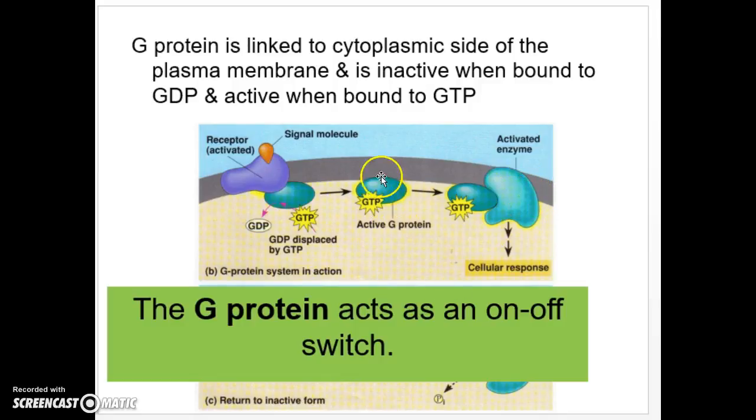The actual G protein is made up of subunits, and what's happening between this stage and this stage is once the GDP becomes GTP, it separates this G protein apart into its different subunits, and it's only one of the subunits that travels over and attaches to the target.